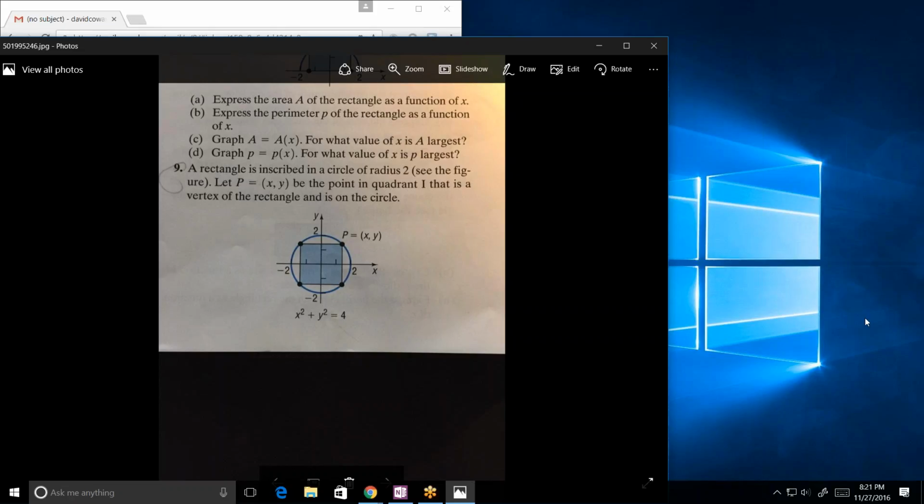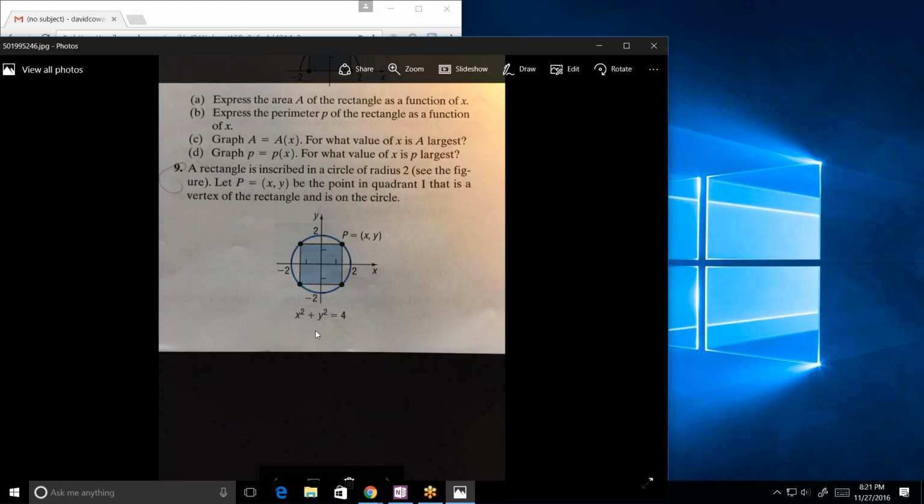So the only difference is the base of the rectangle is still 2x. What's the height of it? 2y. In other words, if it's y from here to here, the total height is 2y.